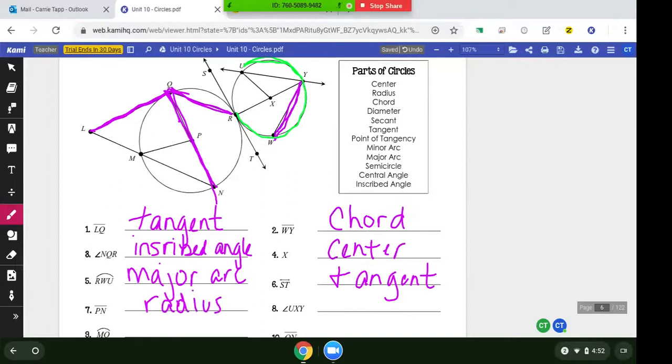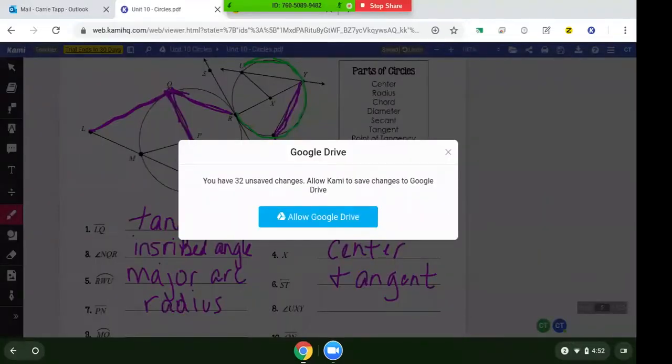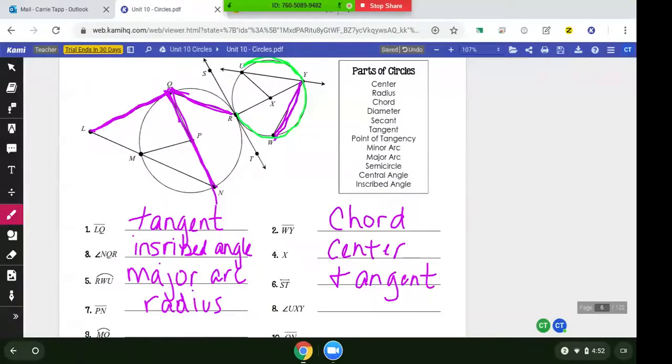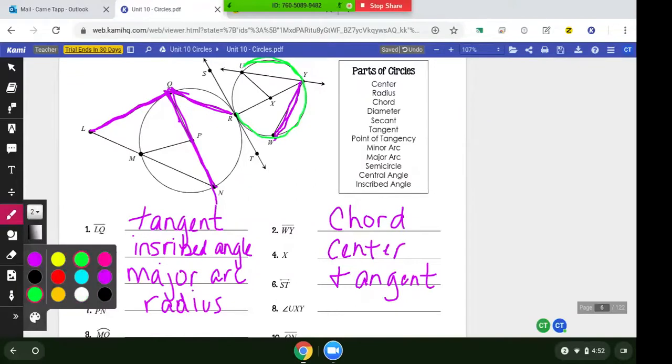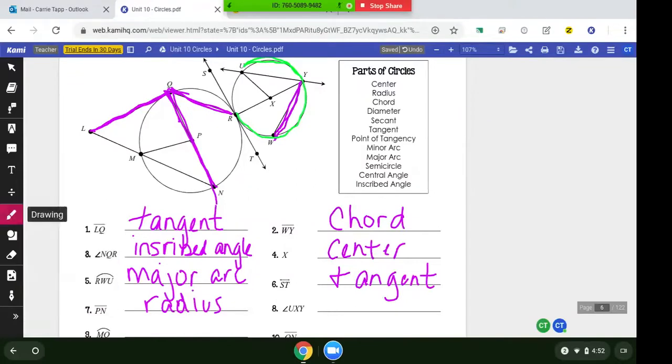Angle UXY is going to be a central angle because it goes through X, the center, and it touches both sides of the circle there.